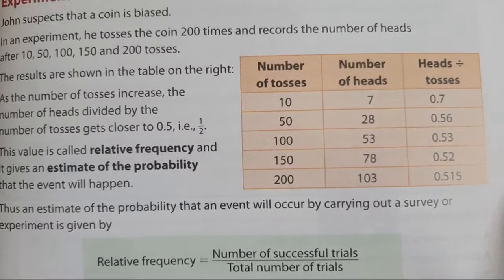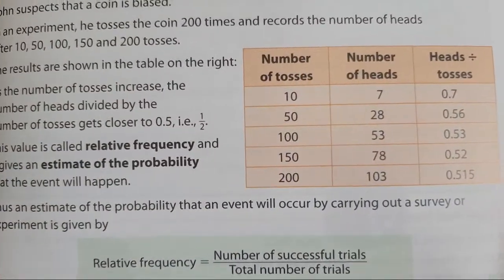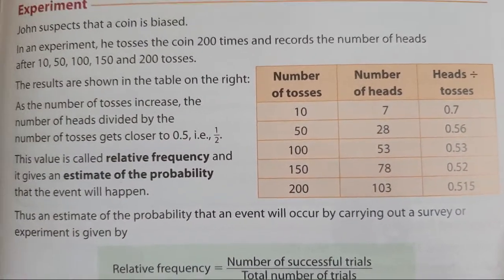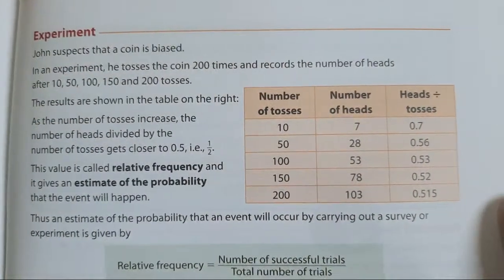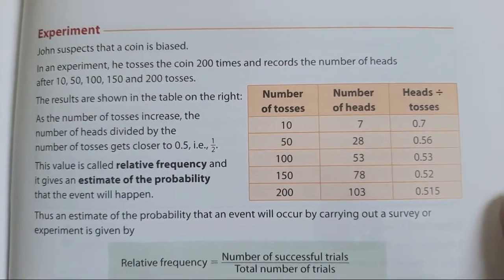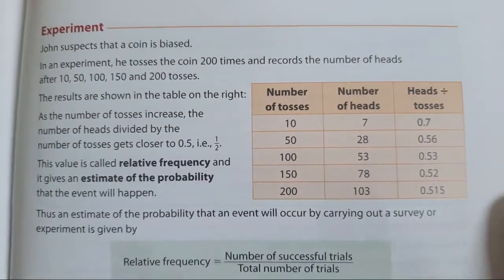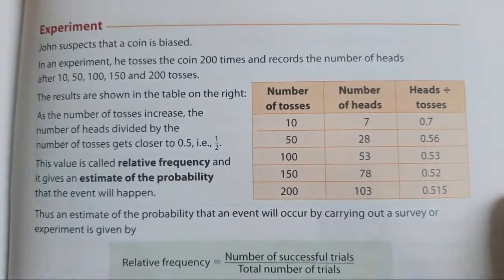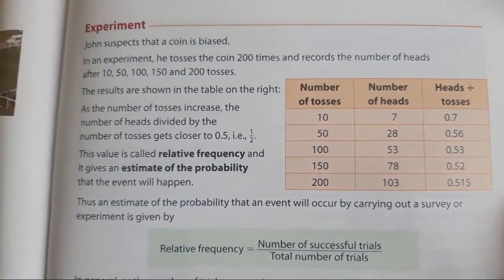So to get the relative frequency, the estimated probability that an event would happen, the relative frequency is the number of successful trials divided by the total number of trials. And that will give you the relative frequency of something happening.